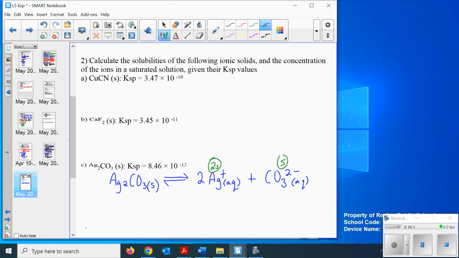You could skip, if you wish, since we've done this enough that you probably see the pattern. That Ag plus is going to be a squared thing with 2S inside. So I'm going to put 2S squared, times a single S, okay? But if you need to do the full steps, go ahead. This is 4S cubed. 2 squared is 4, S squared times single S is S cubed. That's my Ksp expression.